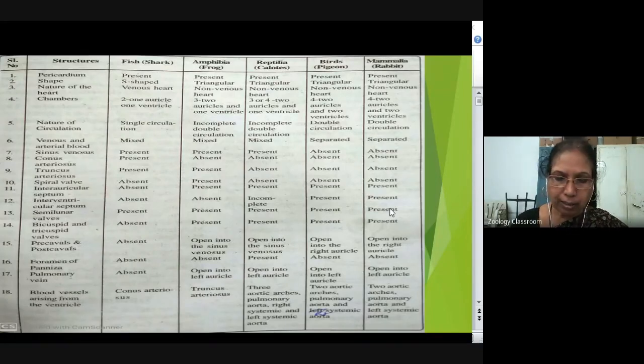In lizard, it is divided into right and left pulmonary and systemic arches, which cross each other. In birds and mammals, only 2 aortic arches are present: pulmonary from the right ventricle and systemic from the left ventricle. In birds and mammals, pulmonary one and systemic one are present. Then foramen of Panizza is present only in reptiles.